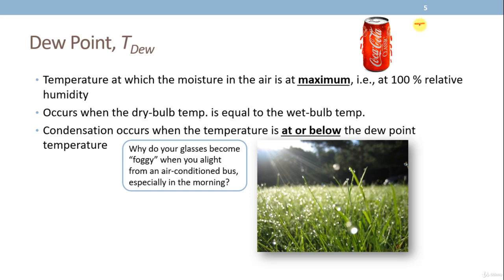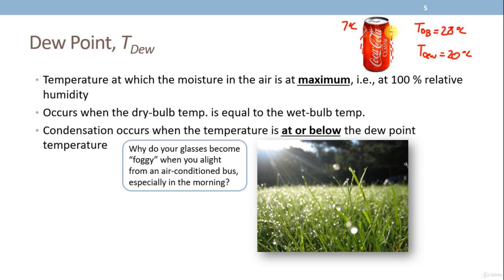Let's say the air temperature now is 28 degrees Celsius and the dew point of the air is around 20 degrees Celsius. However, the temperature of the soft drink is, let's say, 7 degrees Celsius. So what happens is the surface of the soft drink will start to cool down the air around it. The air around it will start to decrease from 28 to 27 to 26, all the way until it's 20 degrees Celsius when it reaches the dew point.